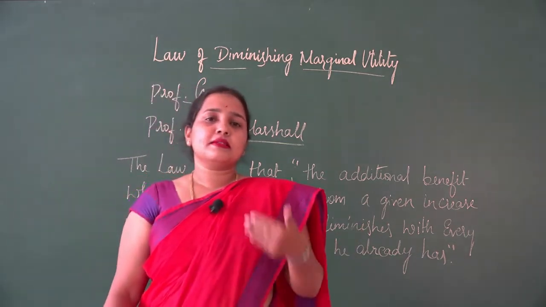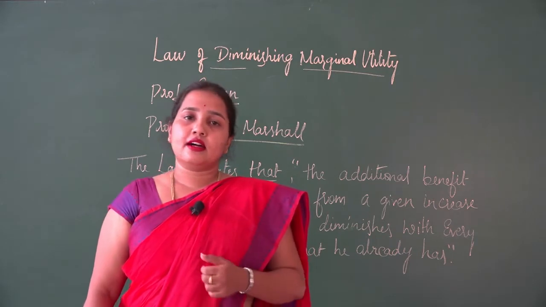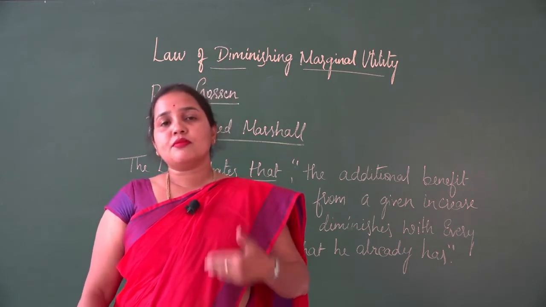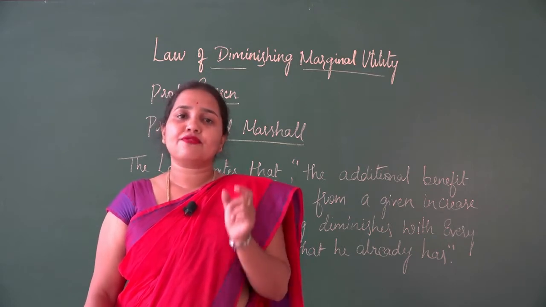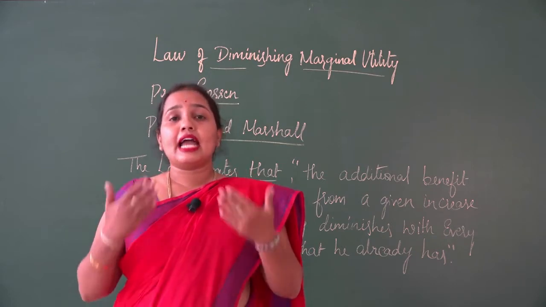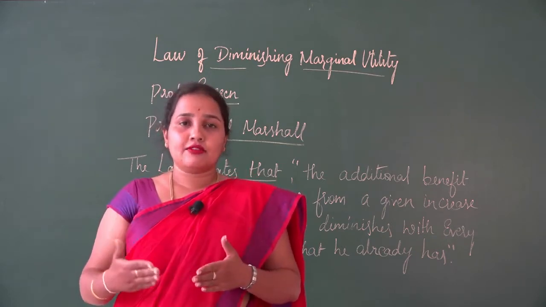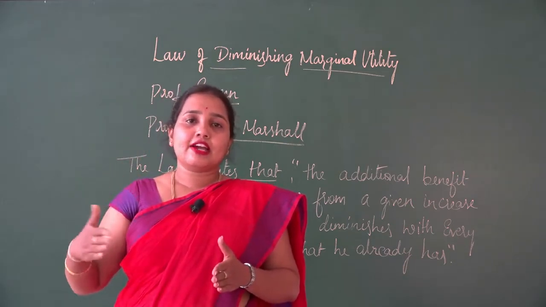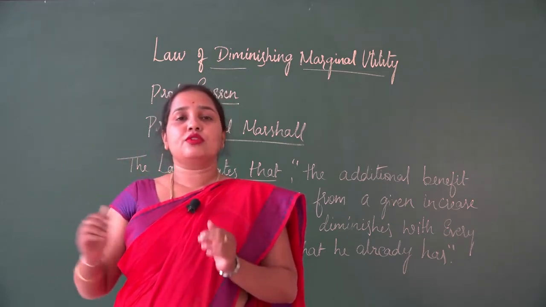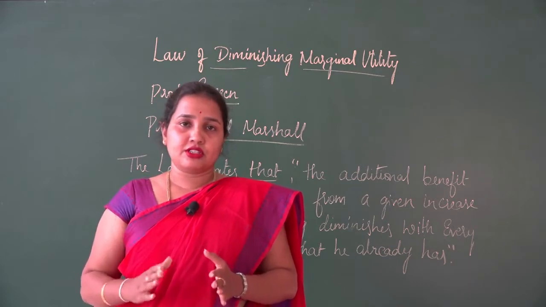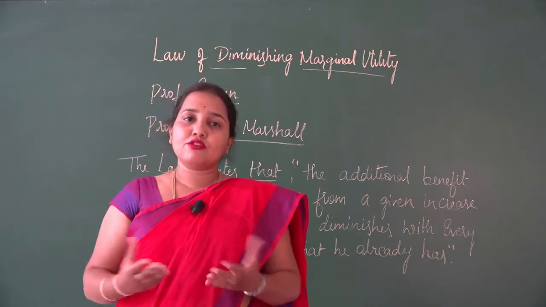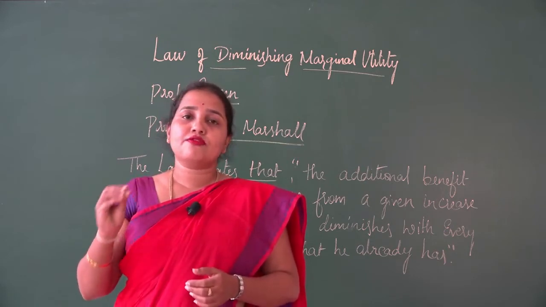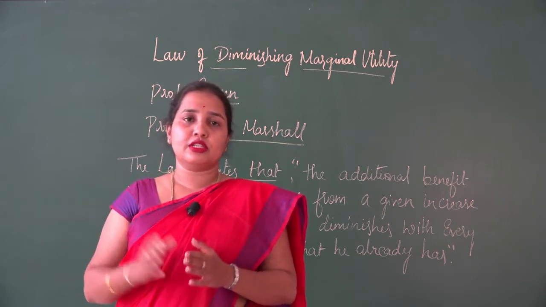To put it in simple words, as a consumer consumes more and more units of a specific commodity, the additional utility derived from the next unit will go on diminishing. This is what we have to understand about the law of diminishing marginal utility.